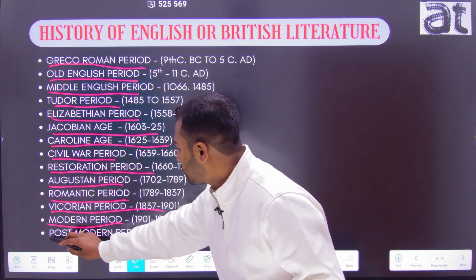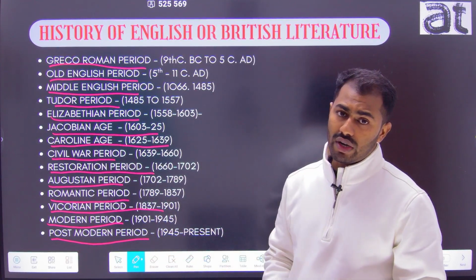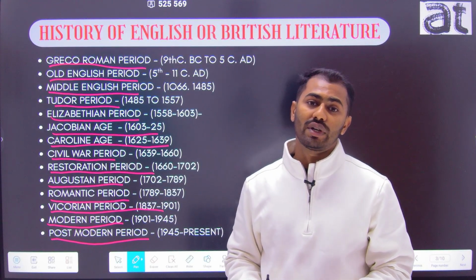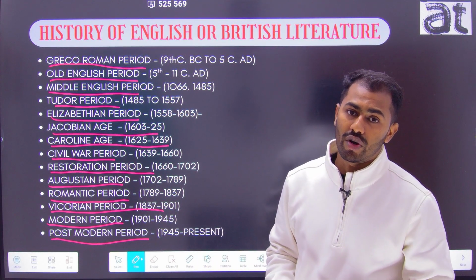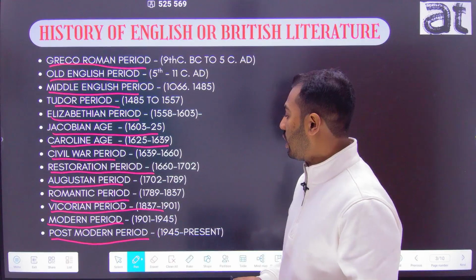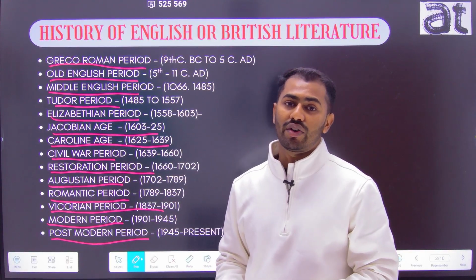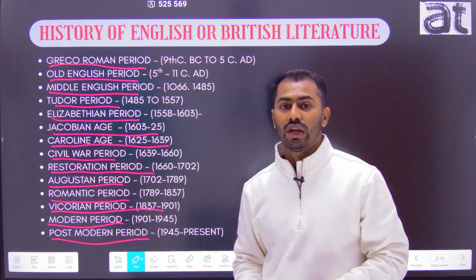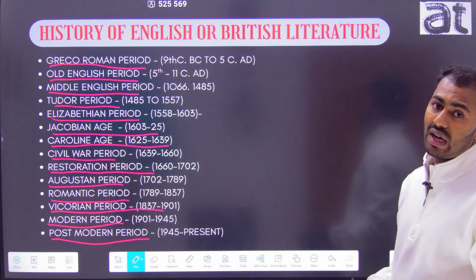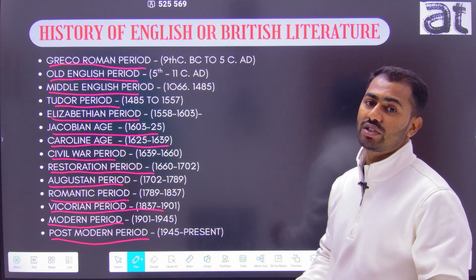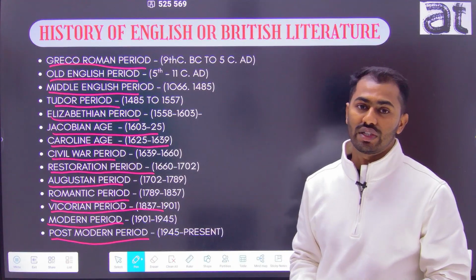And last comes the Postmodern period, which begins after the Second World War in 1945, and in the Postmodern period we will read V.S. Naipaul, Salman Rushdie, William Golding, and other important postmodern writers. These are the subtopics we will discuss in British literature.